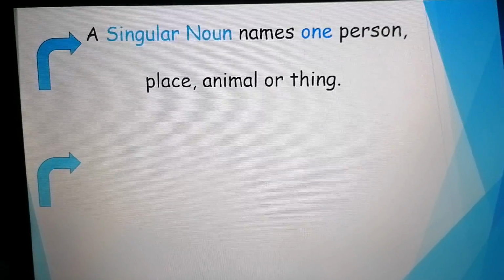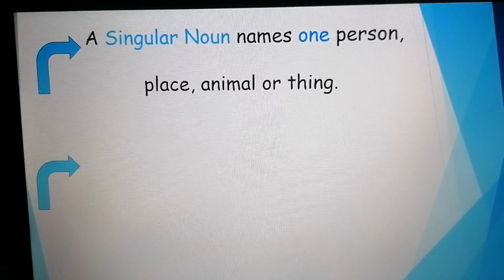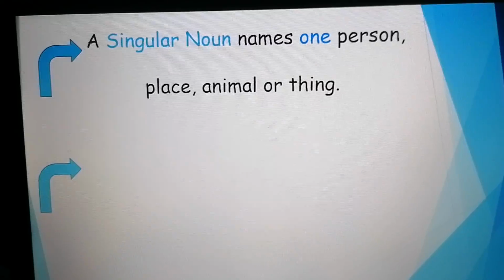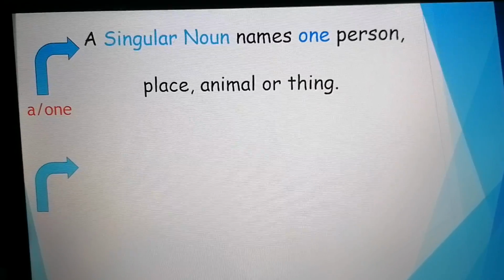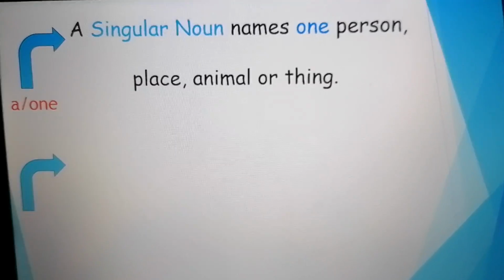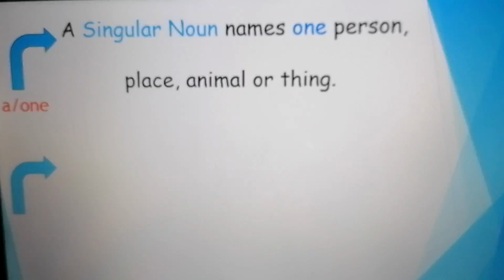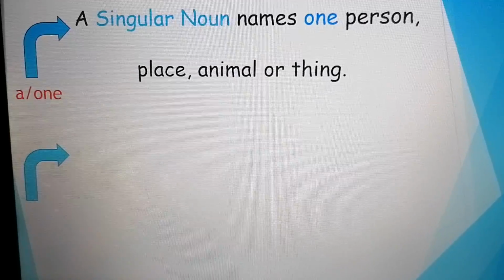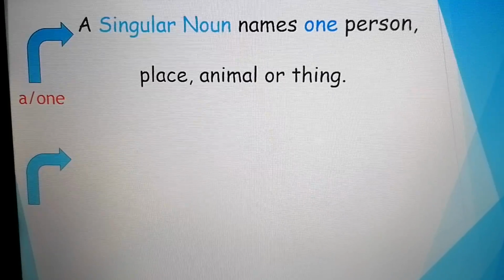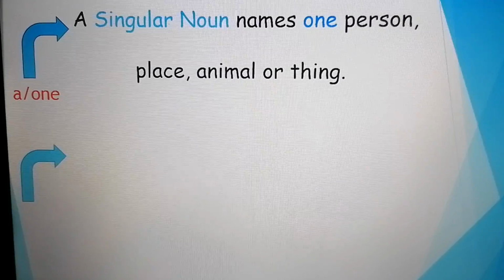First of all, a singular noun names one person, one place, one thing, or one animal. It has two key words, so I can know that it's a singular noun if I have a or one. That's a trick.